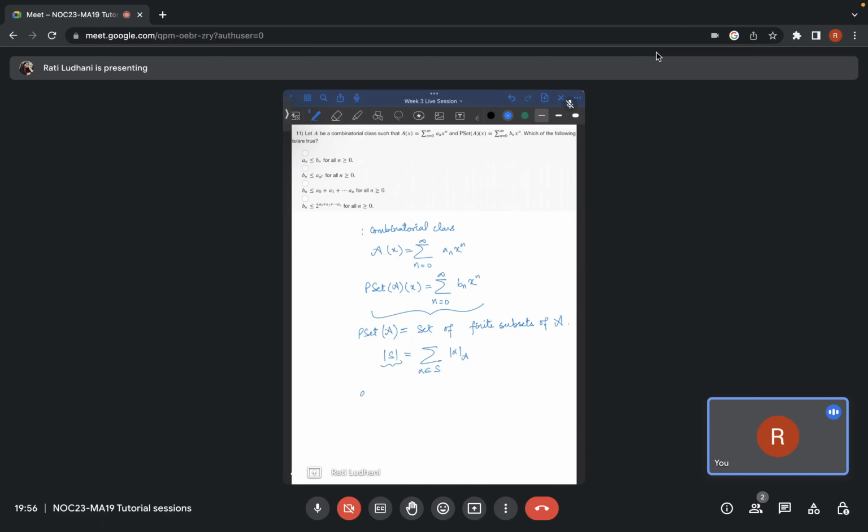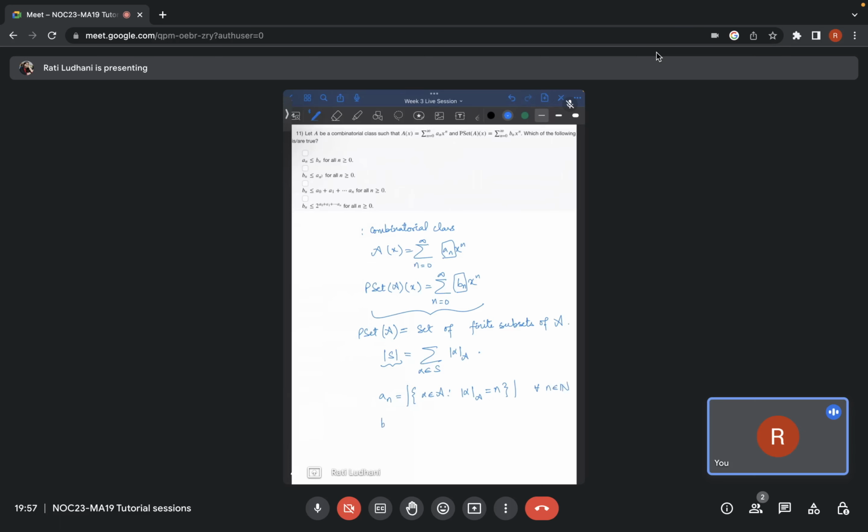Now we need to compare a_n and b_n. a_n is for A(x) and b_n corresponds to the power set of A. Let's take a_n. a_n is the cardinality of the set of all alpha belonging to A such that the size of alpha in A is equal to n. This is the definition.